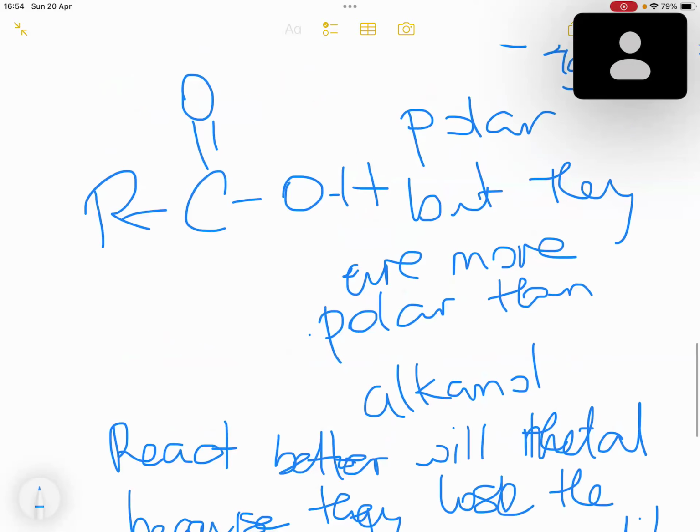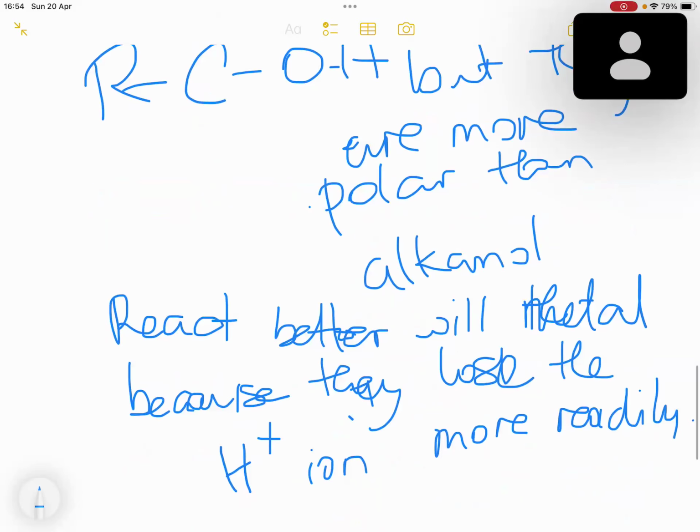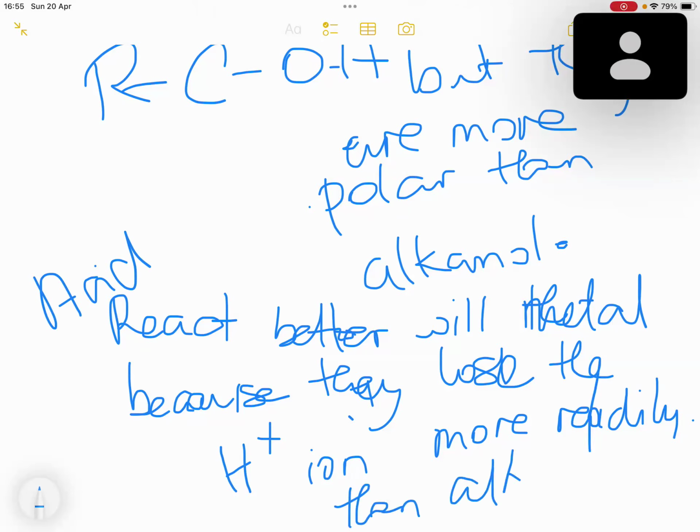So your acids and your alkanols are both polar, but the one which is more polar is the acid. Your alkanols react with metals, but the ones which react better with metals are going to be your acids, because they lose the H+ ions more readily than alkanols or alcohols.